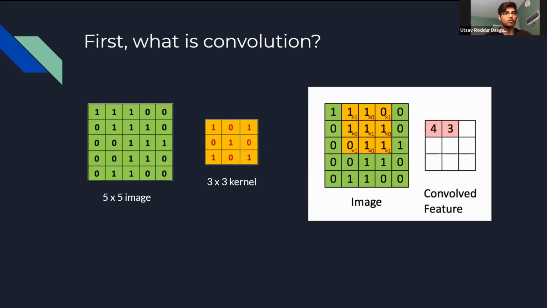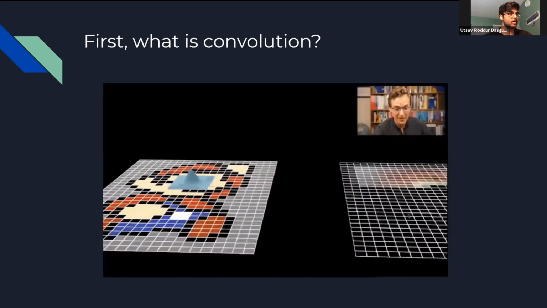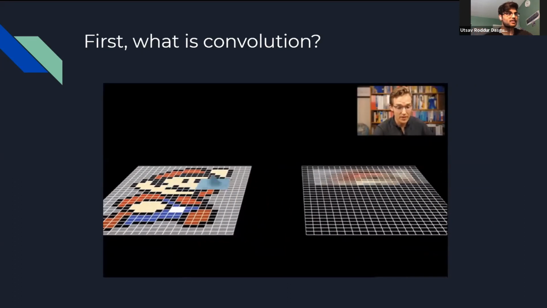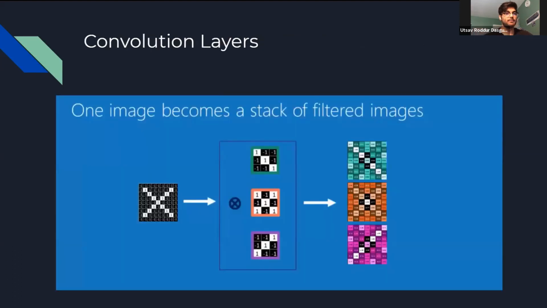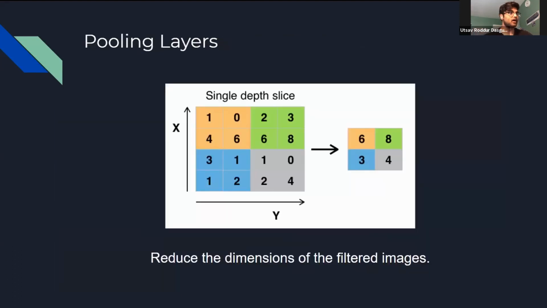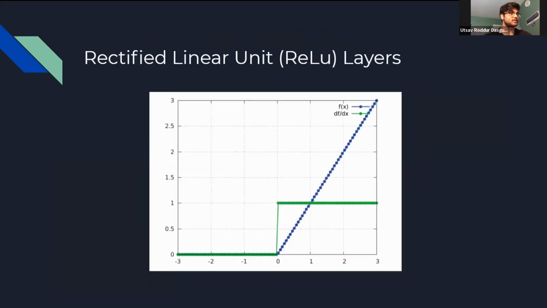But what we're going to go over is, what is a convolution? What is a kernel? What is it doing? A nice Grant Sanderson visualization. The Sobel kernel gives some intuition behind why that works and why that does edge detection. How they stack, pooling, so what the point of that is.